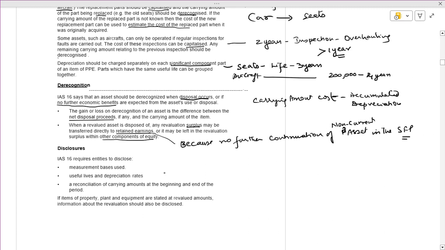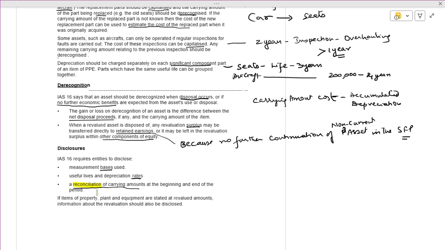How should the disclosure be made when it is recognized? We have to mention the basis of measurement, the useful life and depreciation rates, and we have to make a reconciliation. Always make it a point that at any point of time, there is a reconciliation.